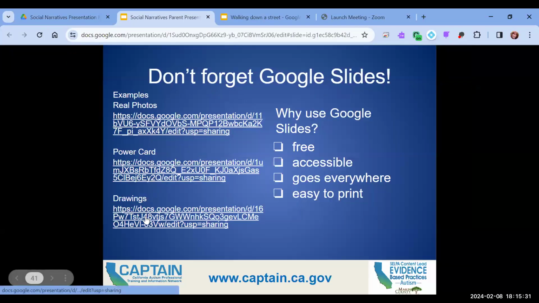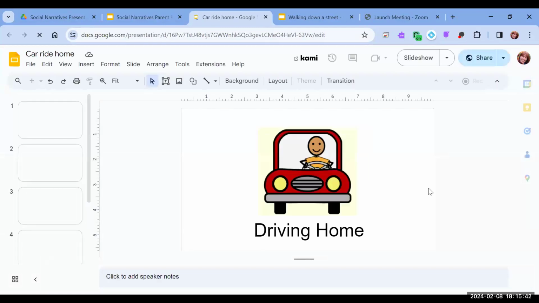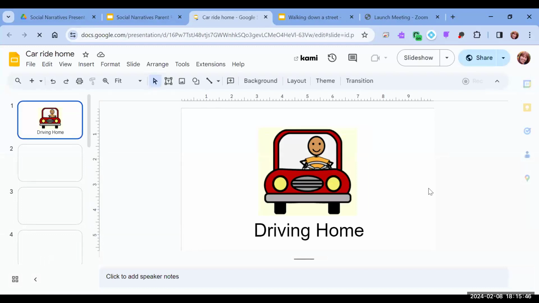I want to show you next a presentation just with drawings. Now, the reason why I'm showing you this is because your child may already understand what drawings represent, but some children don't. And if your child doesn't, that's why you would use the photographs. But if your child understands drawings, then that's okay.